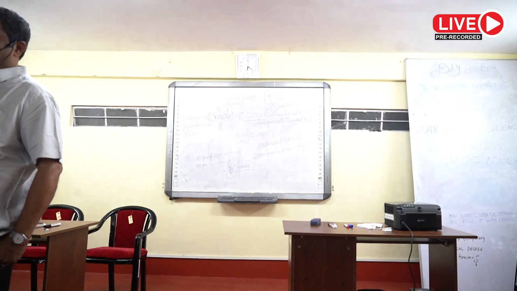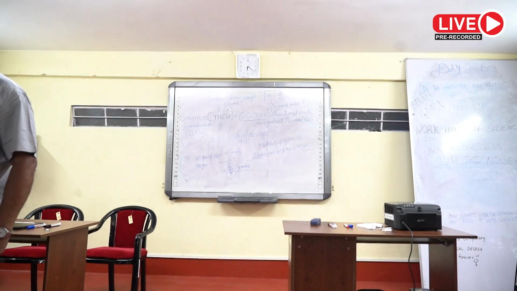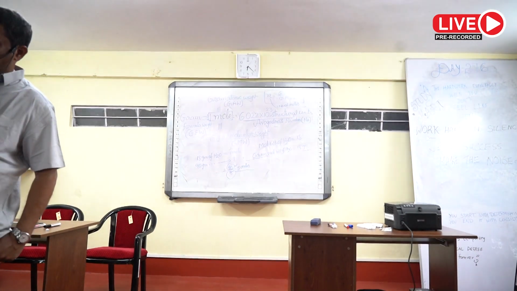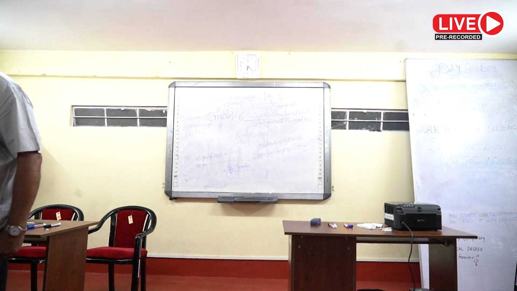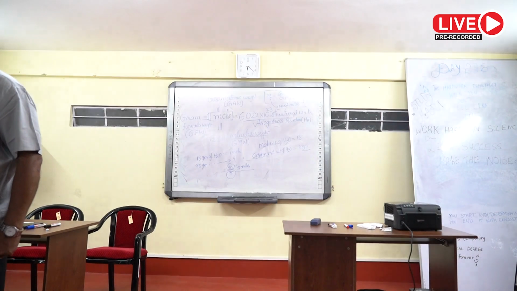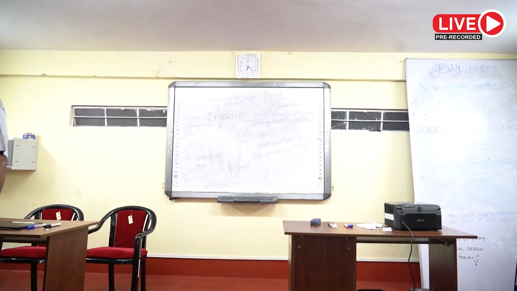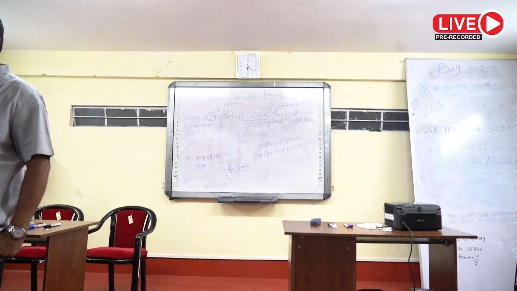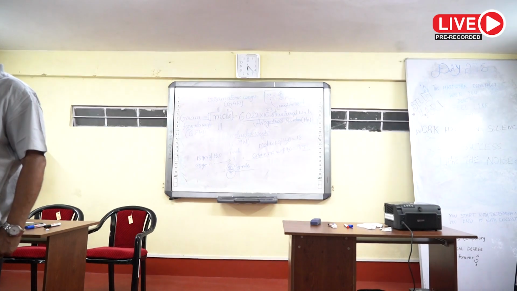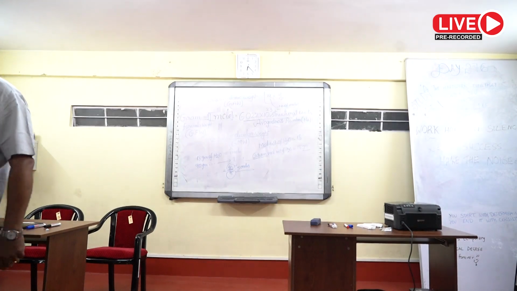So I will use a different way of expressing your weights. I have chosen, what is your name? Spelling? P-Y-R-M-A-N. Parman. So in this class, I chose Parman as a reference student and I measured his mass.